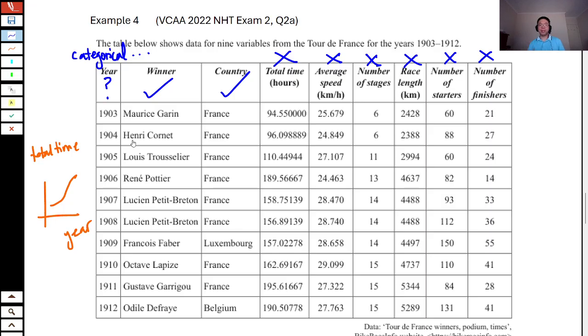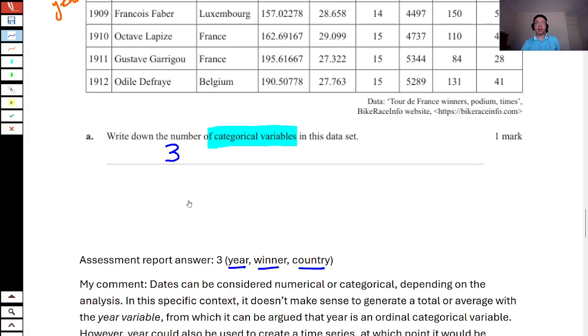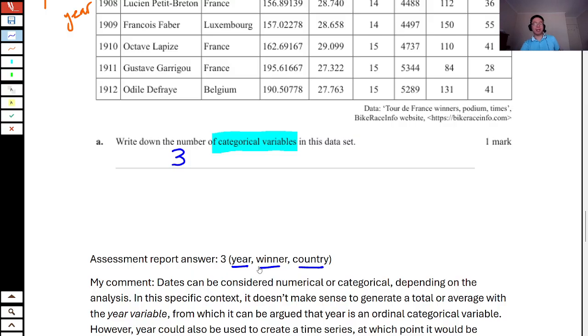So my advice as your teacher is, unless you have a good reason to believe that the question is steering you towards treating year as a numerical variable, such as a time series, then just keep it as categorical, because that's what they've done in the past. But I will note that other mathematicians and other students online disagree with VCAA, and I actually too would be counted in that group as well.